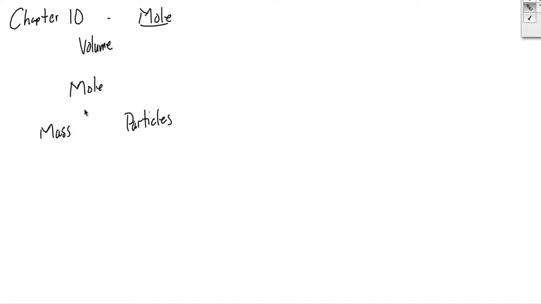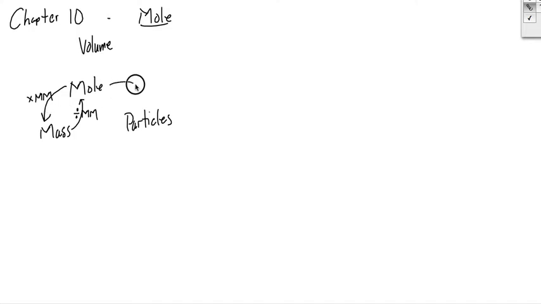So I will give you all these relationships for the test, but just to review here, if you are going between mass and mole, if you know the mass and you want to find out how many moles that is, you would divide by the molar mass, and we get the molar mass straight from the periodic table. If you know the moles and you want to find out what the mass is of that, you would multiply by the molar mass, which is the mass for 1 mole.